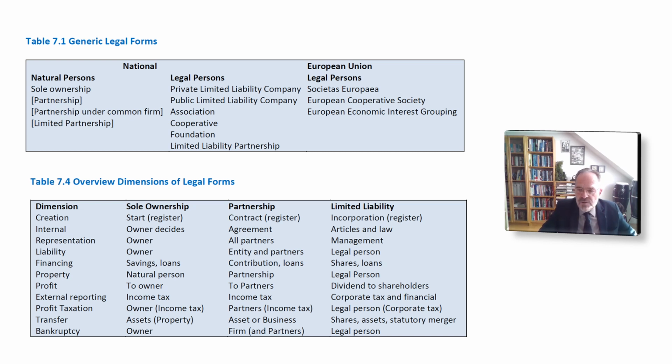And if you want to look professional, or if the business grows quickly and has a substantial profit in the hundreds of thousands, and it comes with a potential risk of substantial liability, then you should simply go for the limited liability company. Now, that is in a nutshell what the dimensions of each of the legal forms are.